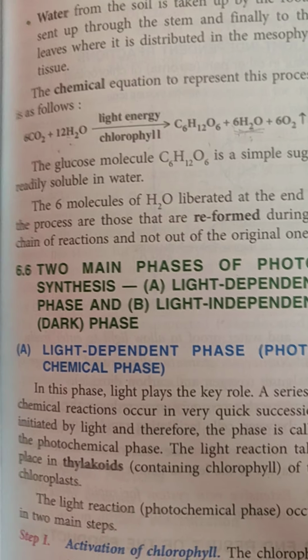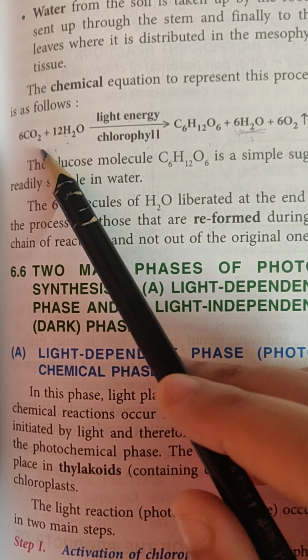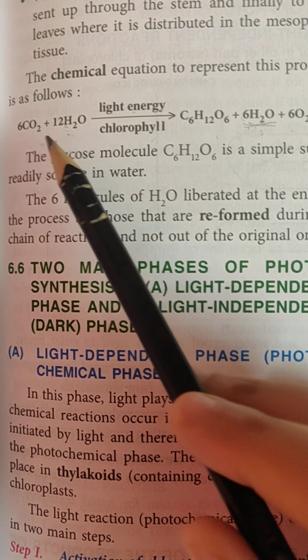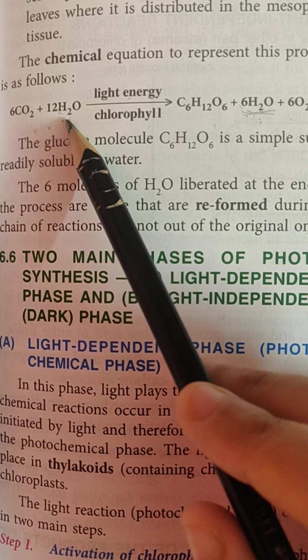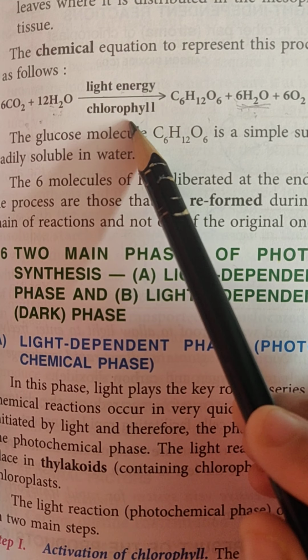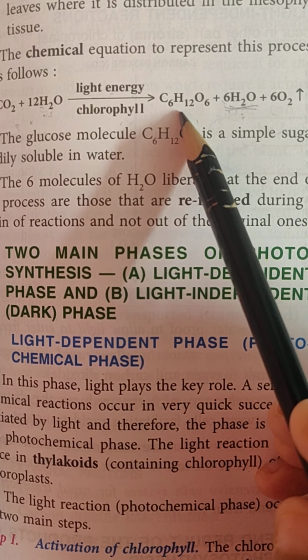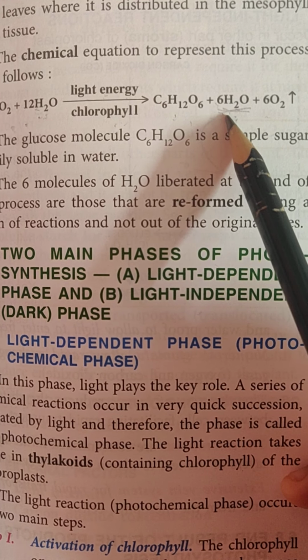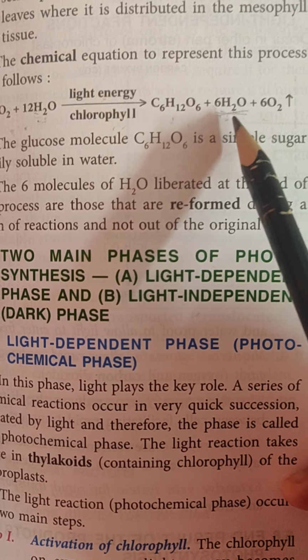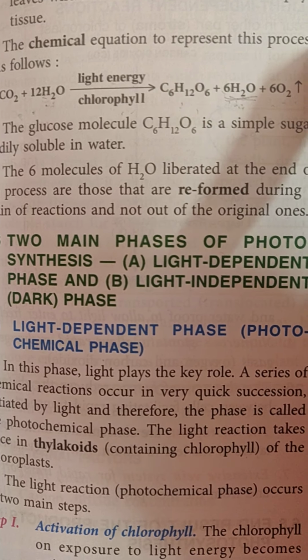This is the chemical reaction that takes place, where 6 molecules of carbon dioxide react with 12 molecules of water in presence of light energy that is captured by the chlorophyll to form 1 molecule of glucose and 6 molecules of water. In that process, 6 molecules of oxygen are liberated.